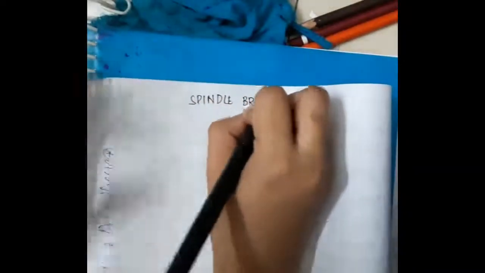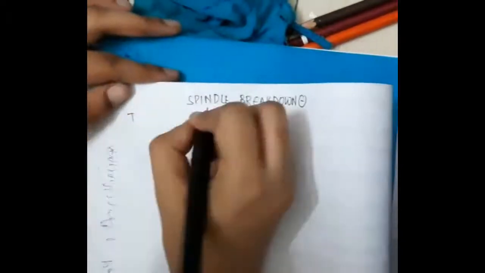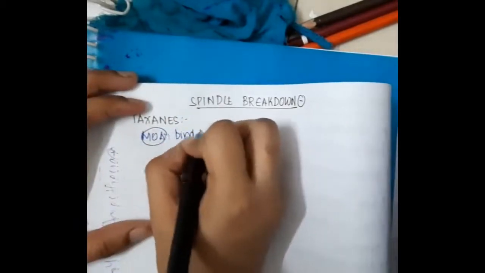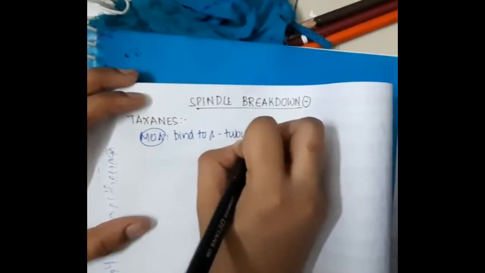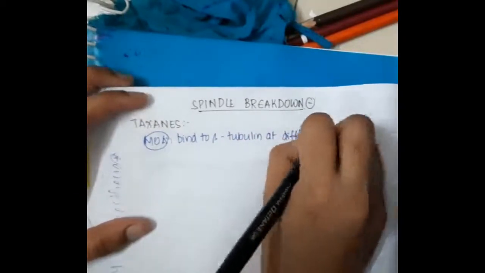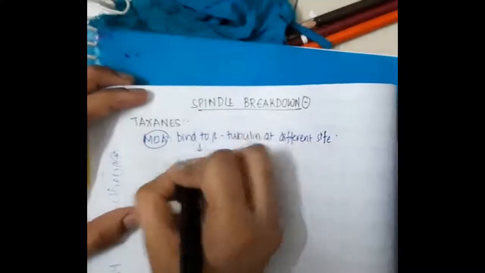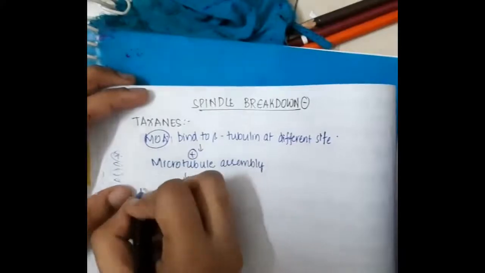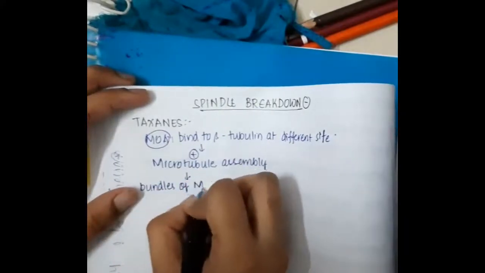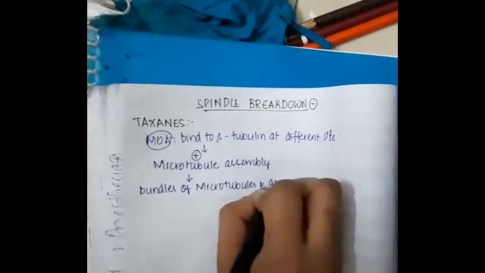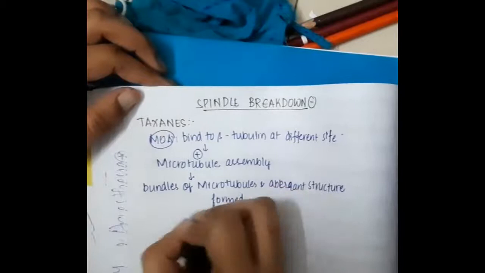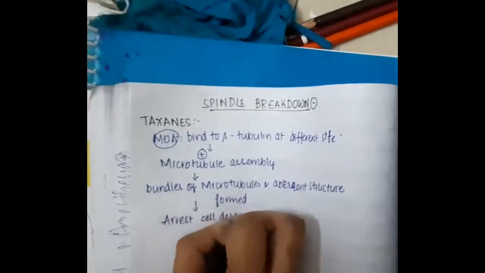These include, first, the taxanes. The mechanism of action of taxanes: they bind to the beta tubulin receptor at a different site and activate microtubule assembly. They also form bundles of microtubules, and aberrant structures are formed. This will arrest the cell division.